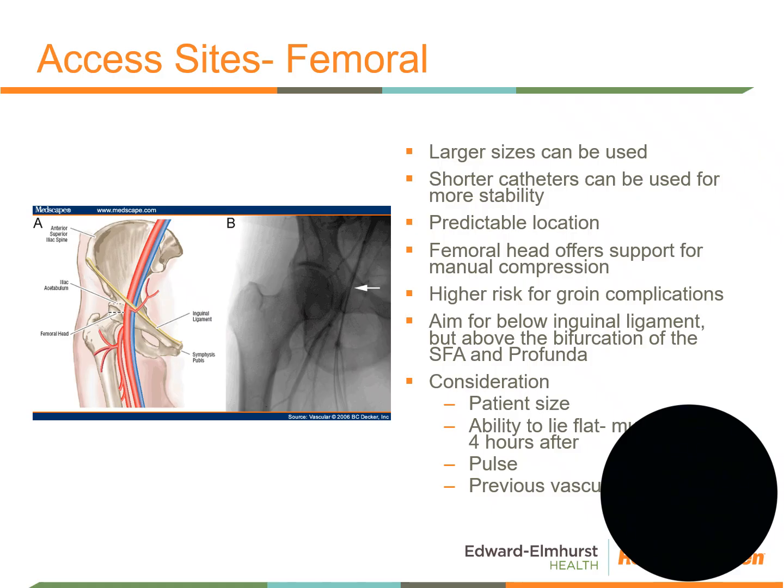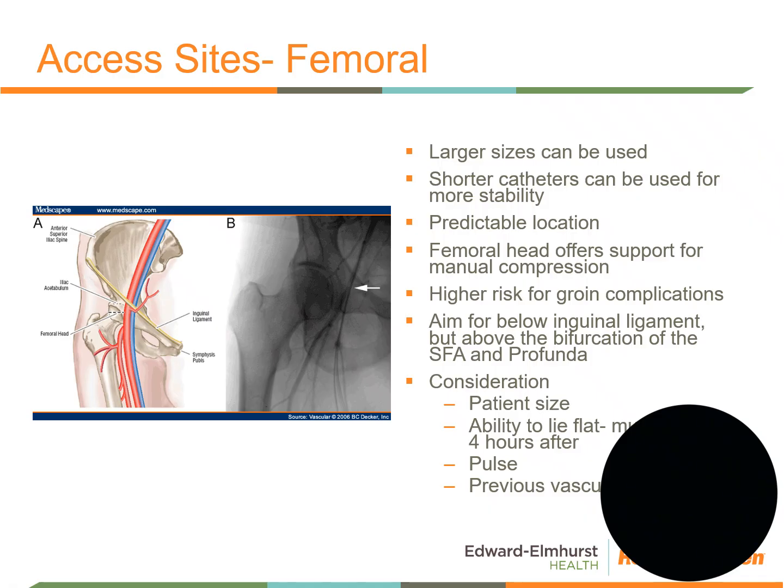And we can see there we've got our access point here. We've got our inguinal ligament up here, and then down here is where we've got our bifurcation of our SFA and profunda. If we go below that bifurcation, that's a much smaller artery than the common femoral, and so that's why we don't want to go too low.